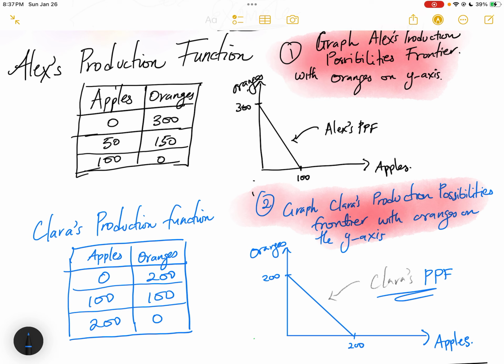Now when we come to apples, Clara is doing better because in the same amount of time she can produce 200 apples, while Alex is doing only 100, if they both put all of their factors of production towards the production of apples. So here we say that Alex has absolute advantage in producing oranges, and Clara has absolute advantage in producing apples.